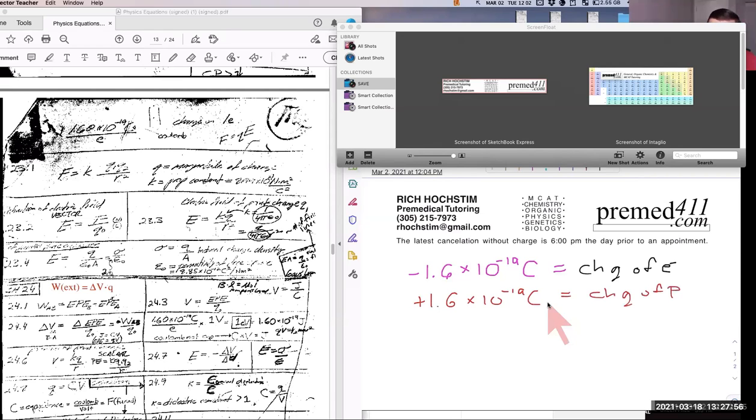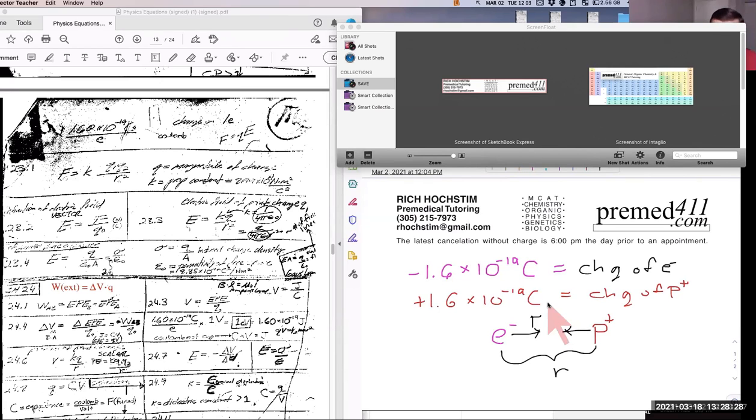Now, the thing about charges is that if you have opposite charges, they're going to attract. So if we put an electron here, and we put a proton here, and the distance between them is something like an R, there's going to be a force on the electron, and a force on the proton.